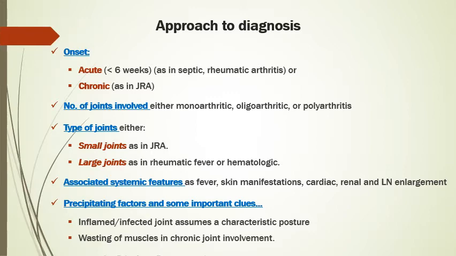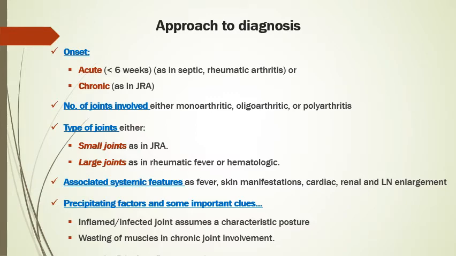Small joints are joints of the hand and feet, which are affected in diseases like juvenile rheumatoid arthritis. Large joints such as wrist, elbow, ankle, knee joint, are affected in rheumatic fever or hematologic disease, but can also be affected in juvenile rheumatoid arthritis.